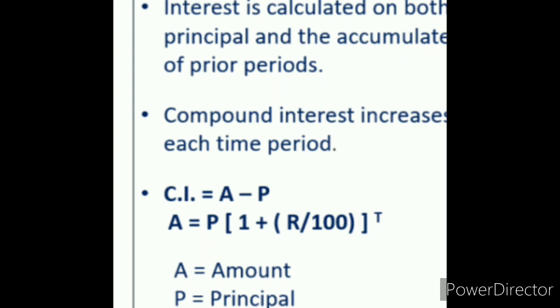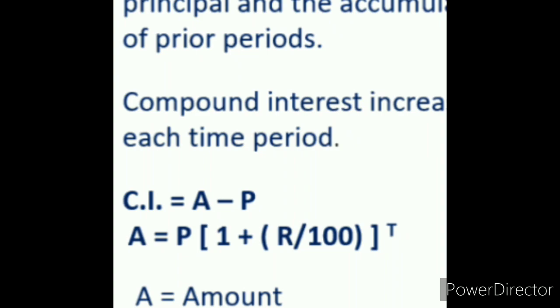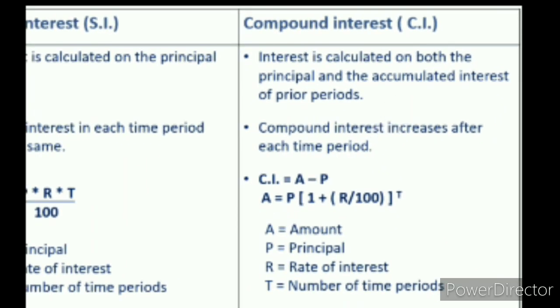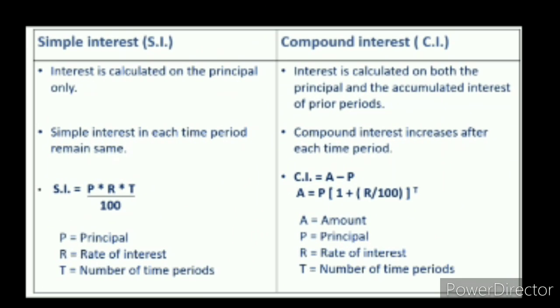For the amount, we have another formula: P into 1 plus R by 100, the whole to the power T. P means principal, R rate of interest and T number of time periods. So these are the general differences between simple interest and compound interest.